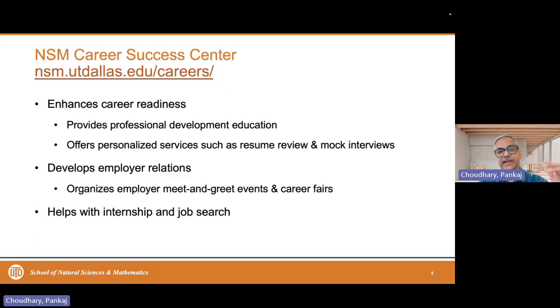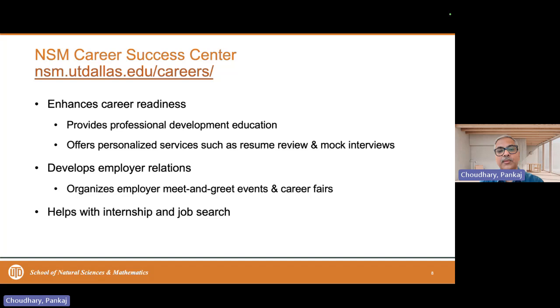Now, besides the curriculum that we offer, we also have an NSM Career Success Center. This is a career success center within the school itself, and they have two responsibilities. One is to enhance your career readiness, and they do it by providing you with professional development education and offering you personalized services like resume review, mock interviews, and things like that.